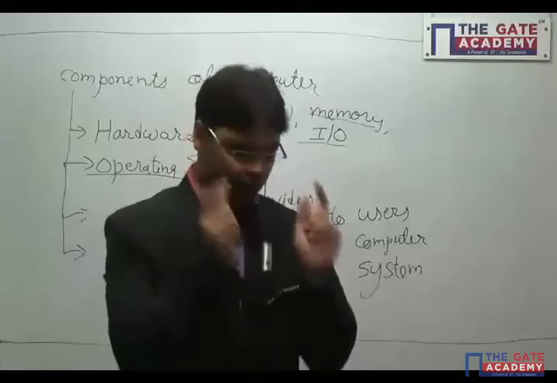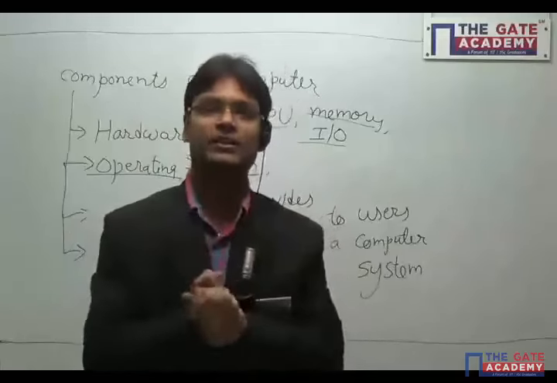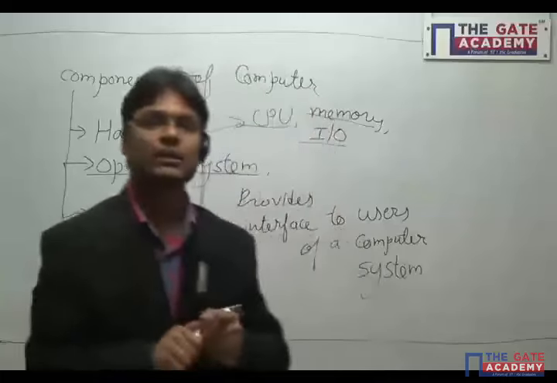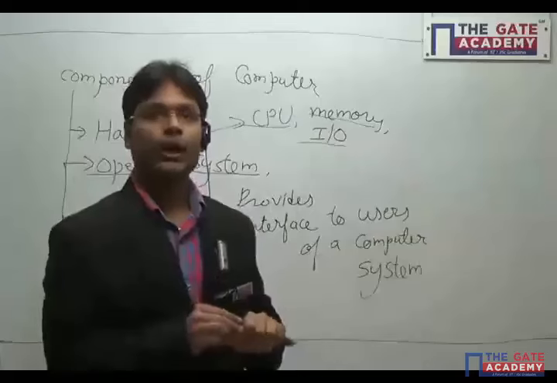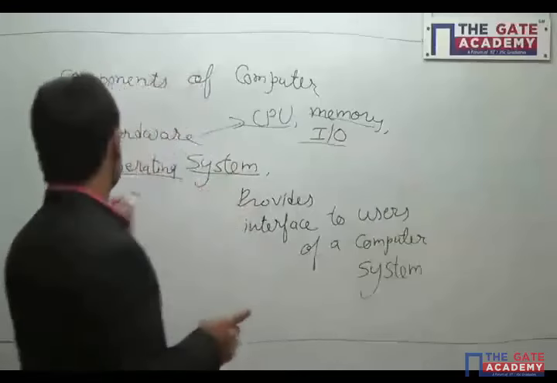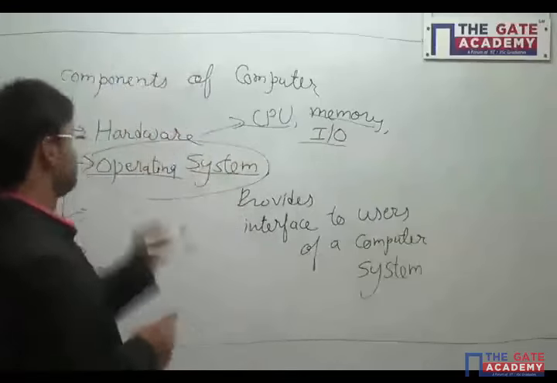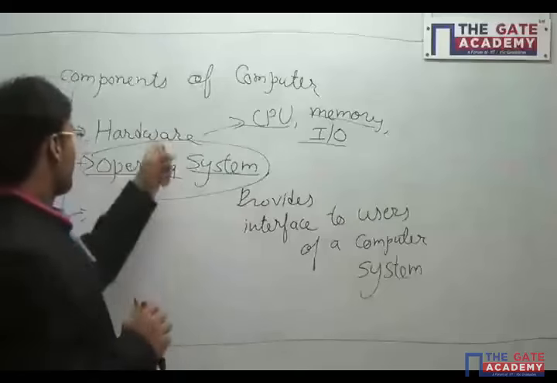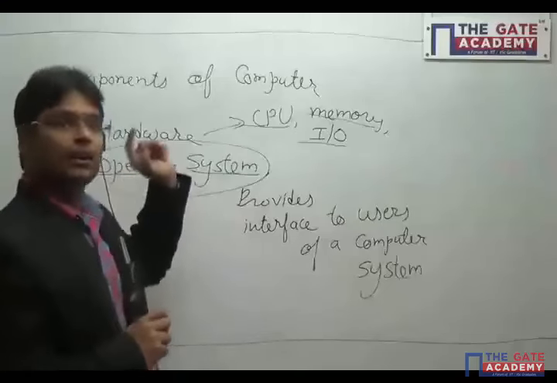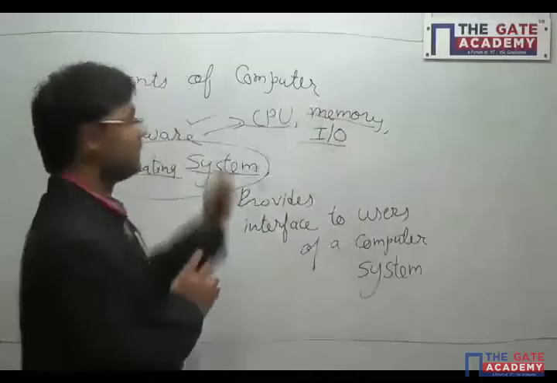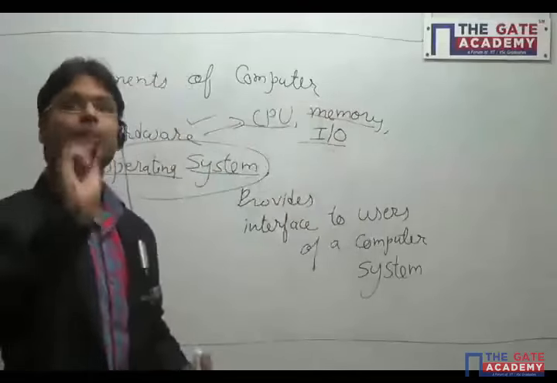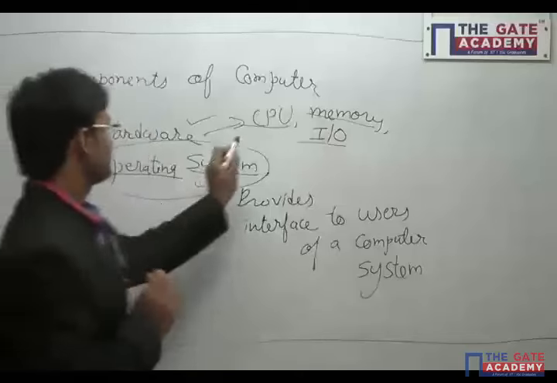Okay, so the thing is, if you want to use the hardware of a computer system, then you will have to use one interaction system. Interaction system means you will have to go for some platform. Okay, and that platform will be provided by this operating system. Okay, so what will happen? This operating system will sit on top of these hardwares, okay, and will provide you the interface of these hardwares.